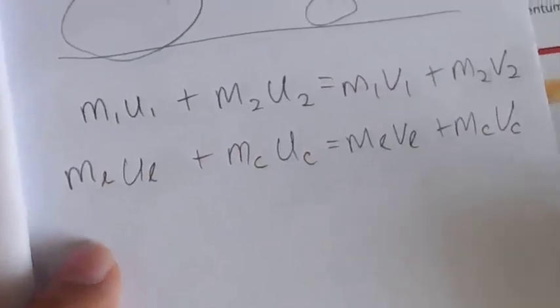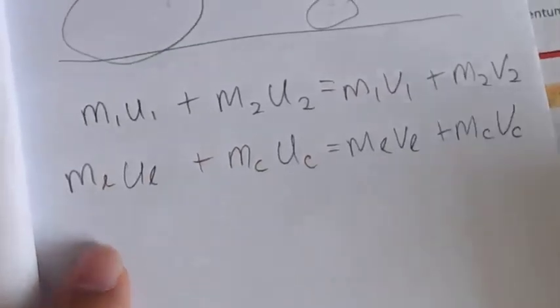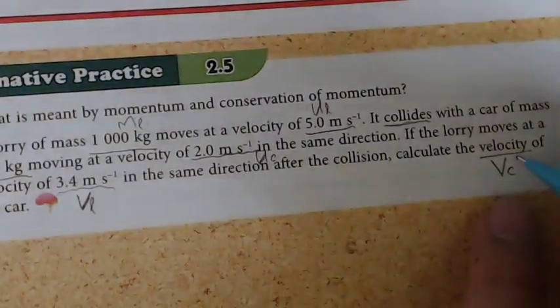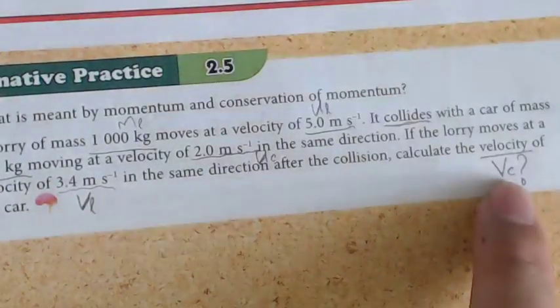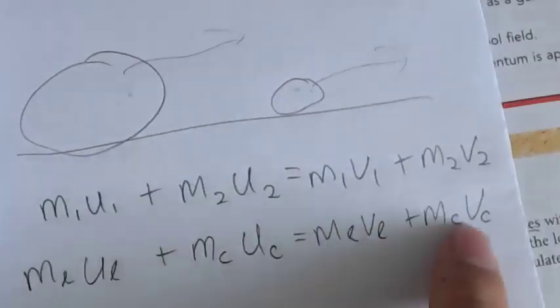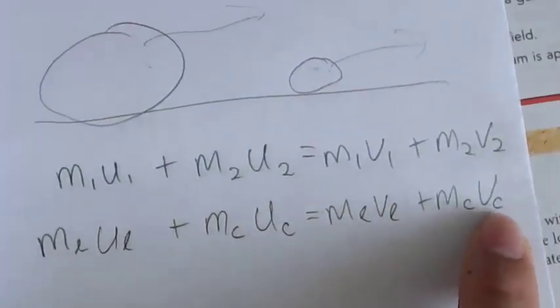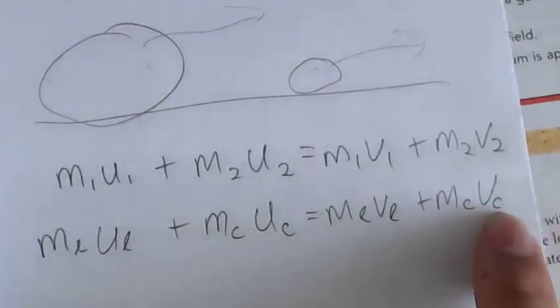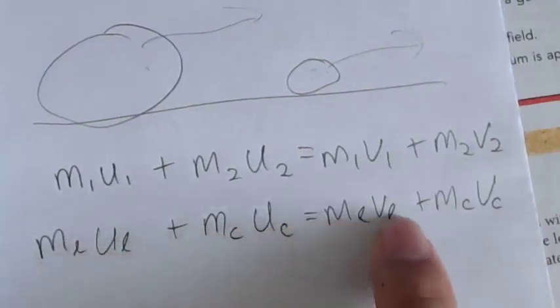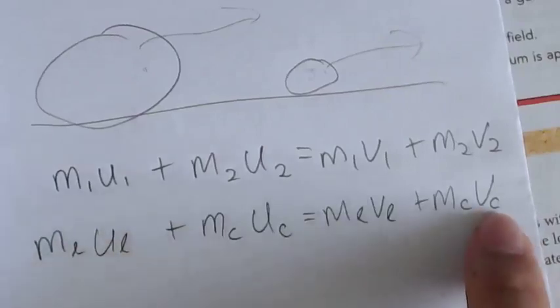What does the question need us to find? Question 1 needs us to find the value of VC, VC of the car. Here it is. We are given all the values except this VC.